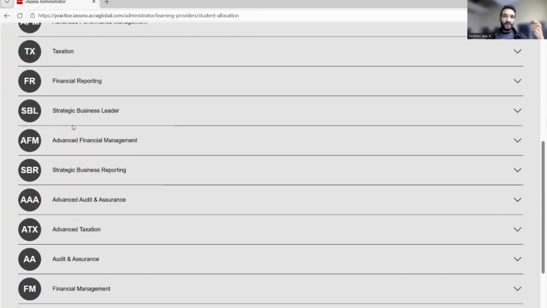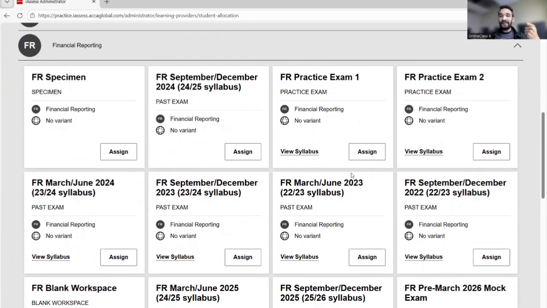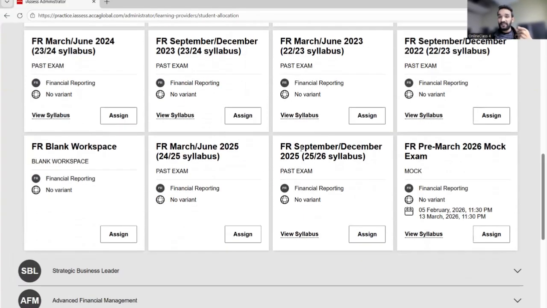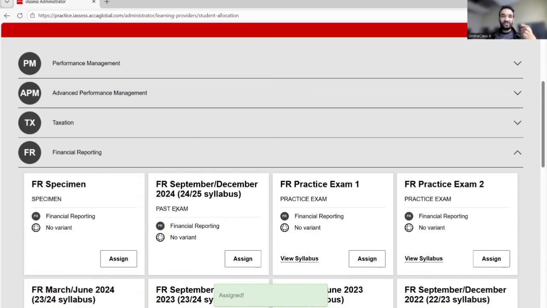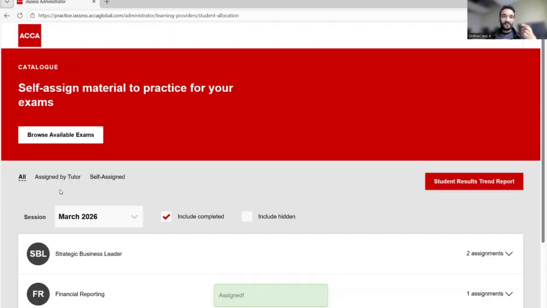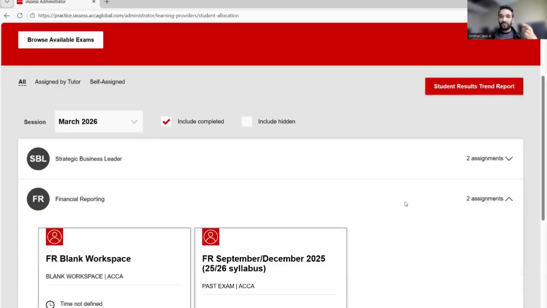So just go to FR, financial reporting, and then assign the recent paper, this September-December 2025 specifically. Just assign yourself and it has been assigned. Come back to the main screen, view assignments, and click on this financial reporting.